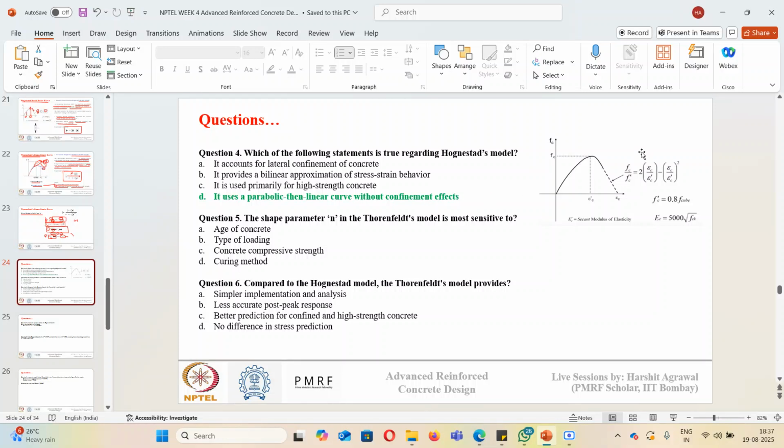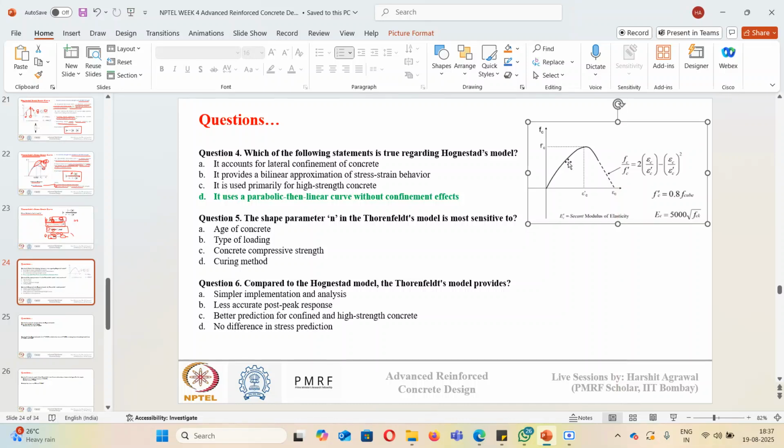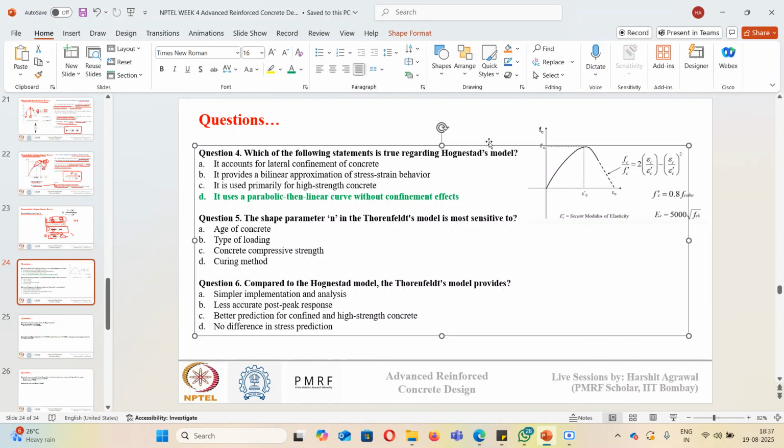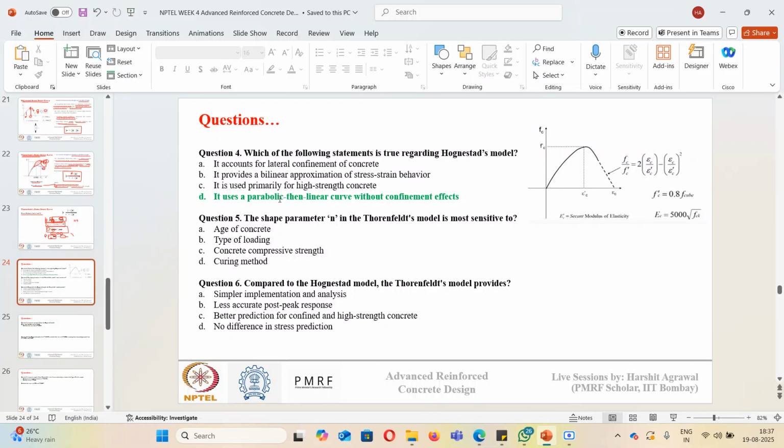Okay, so in the Hognestad profile, we don't accurately capture the behavior that we see in high strength concretes, above 40 MPa strength. That effect we don't capture properly, so that's why it uses a simple parabolic and then linear curve: parabolic increasing and linear decreasing.